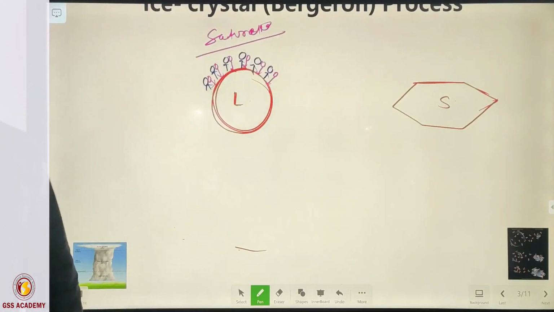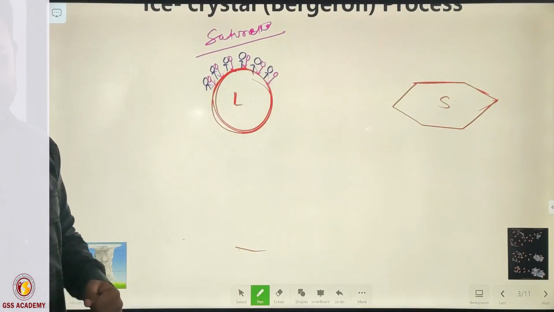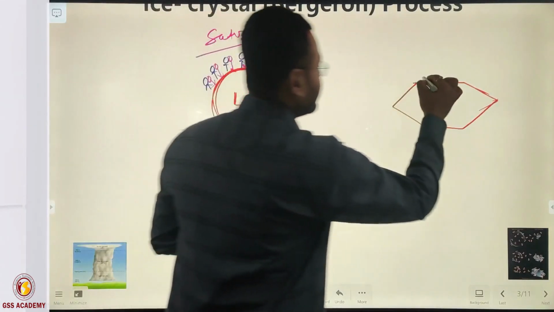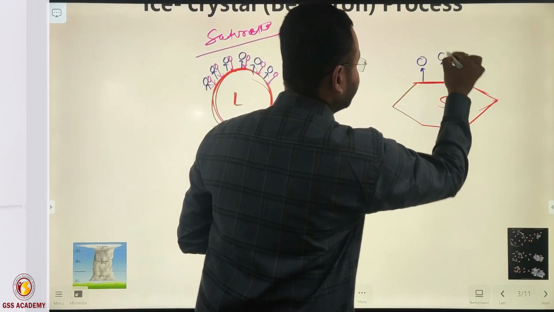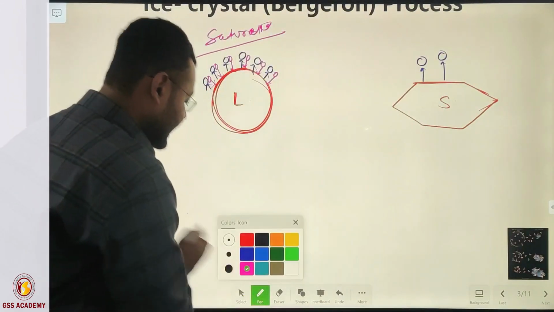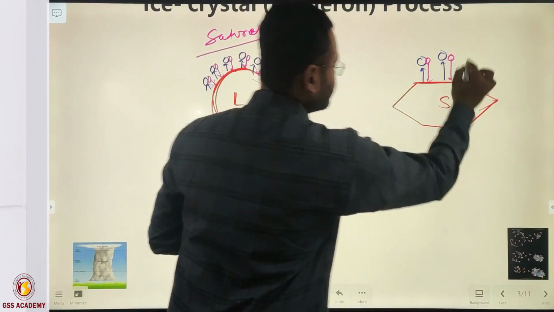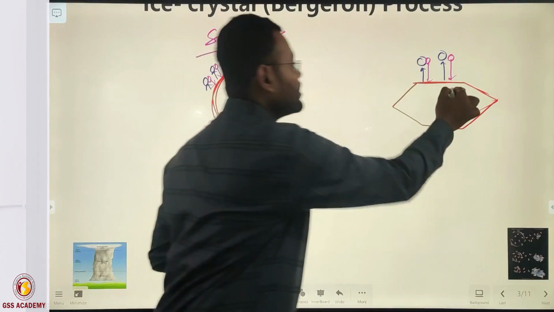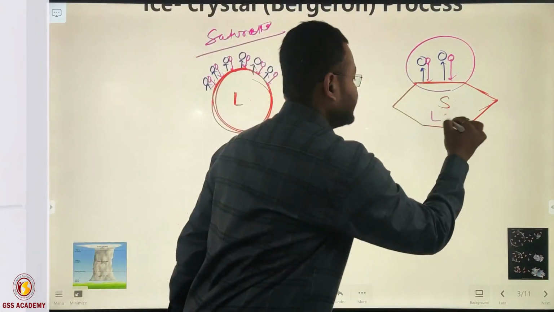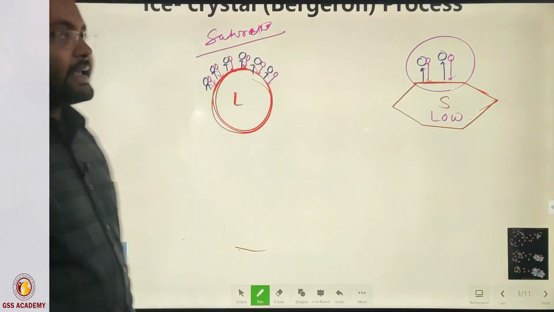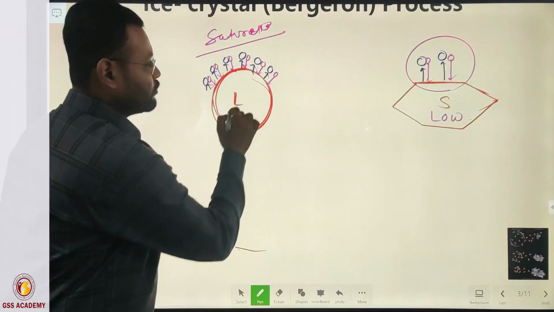Now if we look at the same thing directly over the ice, we see water molecules leaving the surface and returning to the surface, but the number of water vapor molecules over the solid ice is relatively low in comparison to the air directly above the liquid water, which is relatively higher.